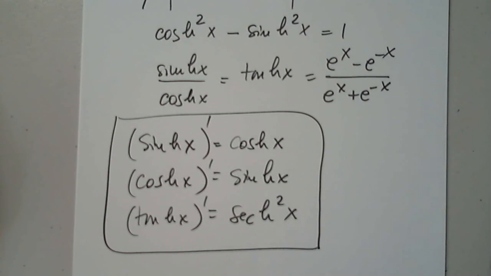So I have e to the third power minus e to negative 3, and you know I love my parentheses, divided by 2. This is hyperbolic sine of 3.